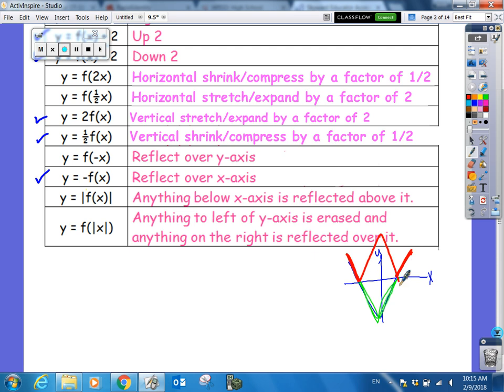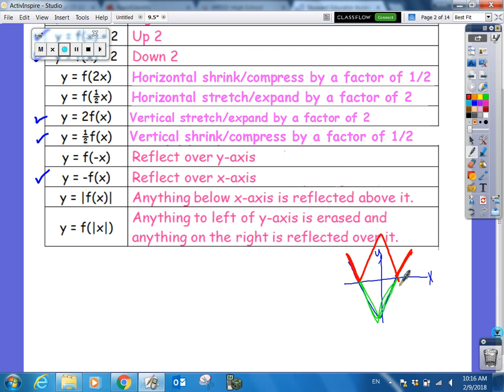That's what would happen in that reflection right there. Anything below the x-axis gets reflected above it. So if it's already above, it stays. If it's not above, it gets reflected up. So that's what that would look like. And there's really no short way to say it.